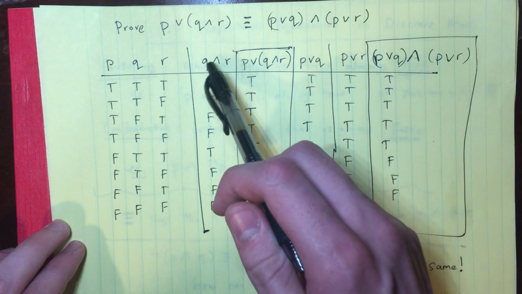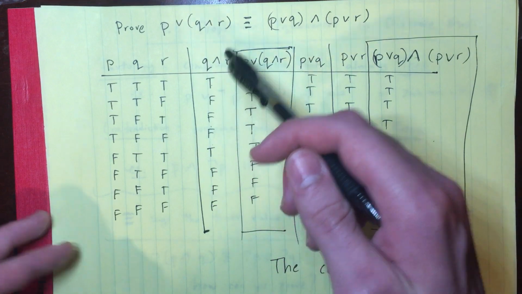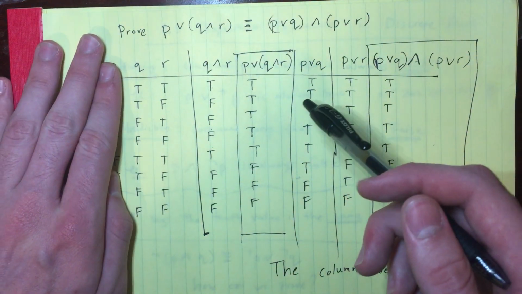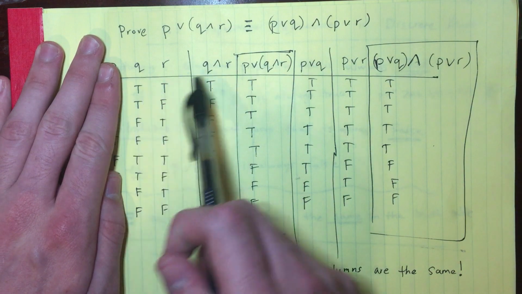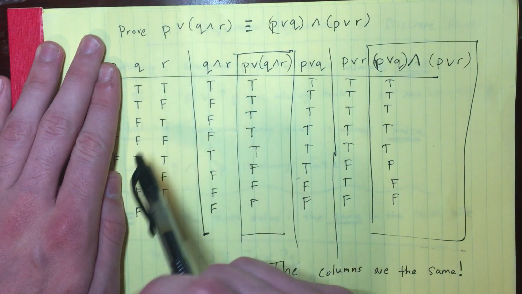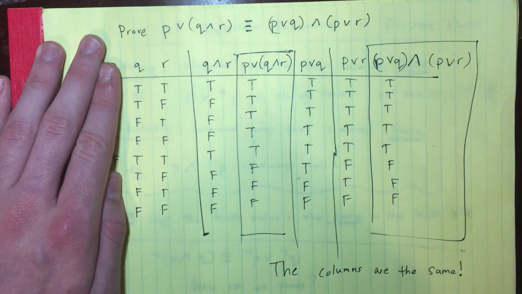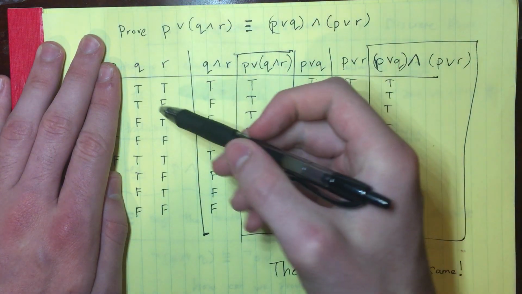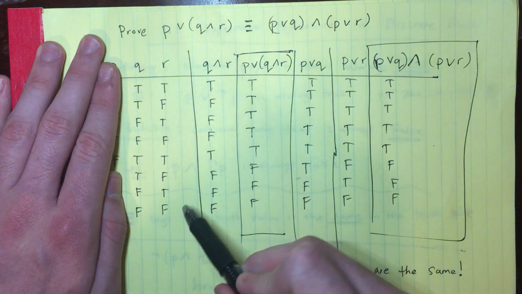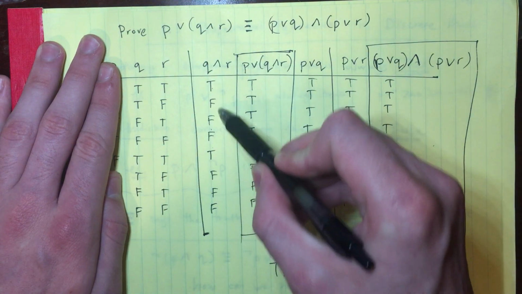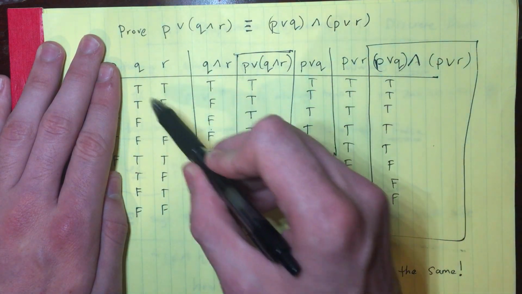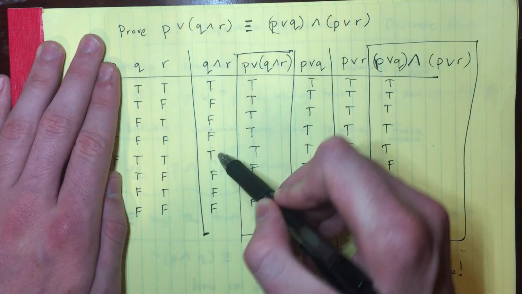So first we have to find Q and R. Basically you can cover P and look at Q and R, and you just use the AND operator. Remember, with an AND operator, if there's even one false, it's going to be false. So all these have false and false in them, and these are both true, so that's why it's true.